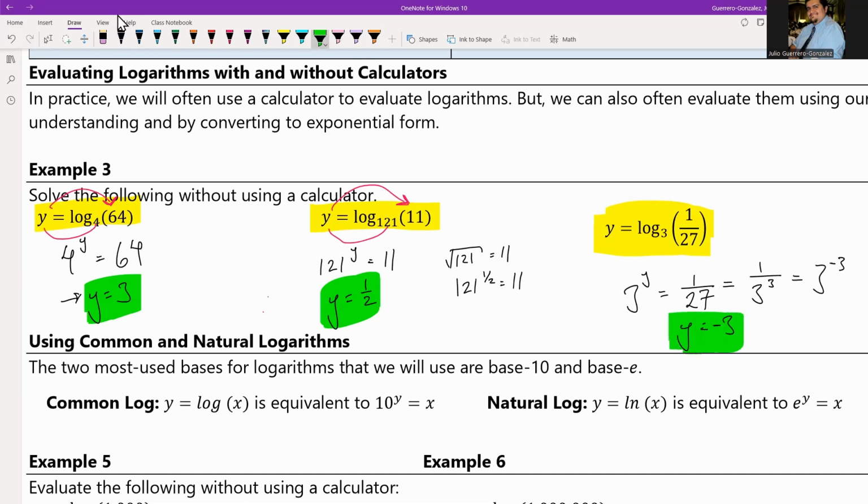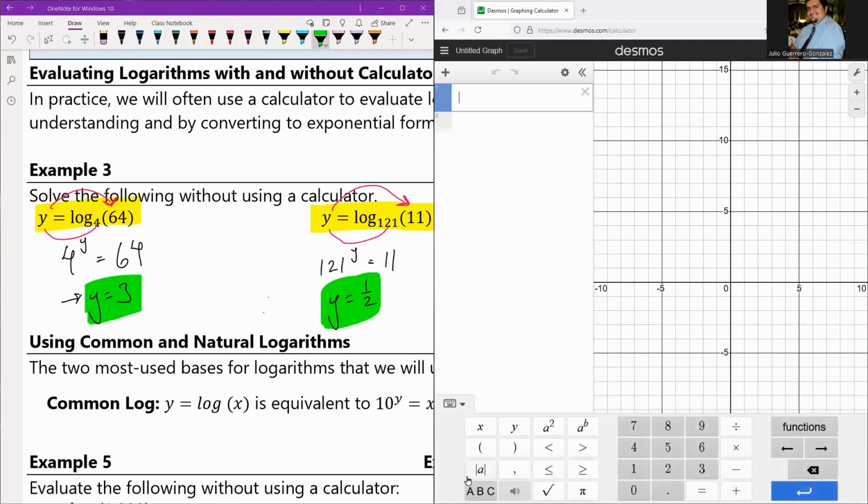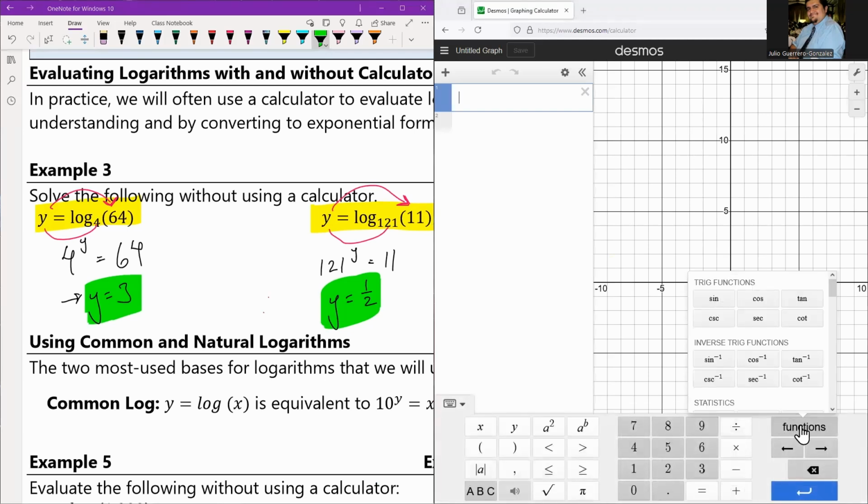Now, let me show you how to do them by calculators. I went too far, too fast. So let's go ahead and start with the first one. I'm going to do decimals, like I said. If you guys recall, there's a little keyboard thing at the bottom here. That's got all the goodies. I'm going to go to functions, and I believe logarithms are way at the bottom.